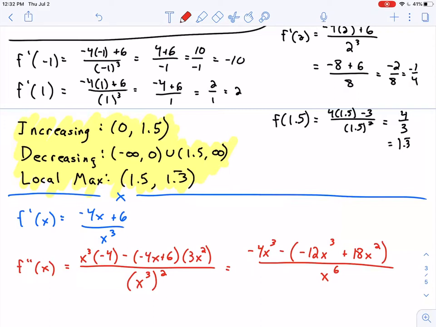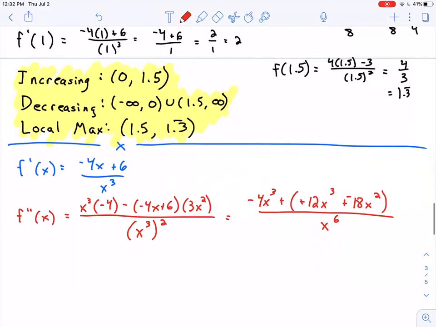Next I'm going to distribute that minus sign. So this will be a plus, plus, and minus. And I should have 8x to the third minus 18x squared all over x to the 6th.